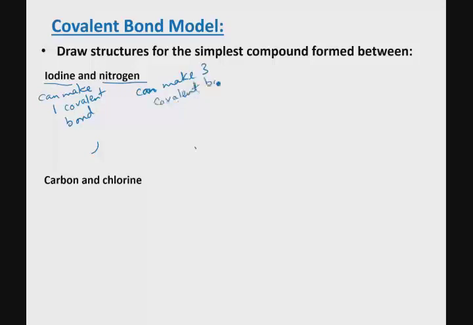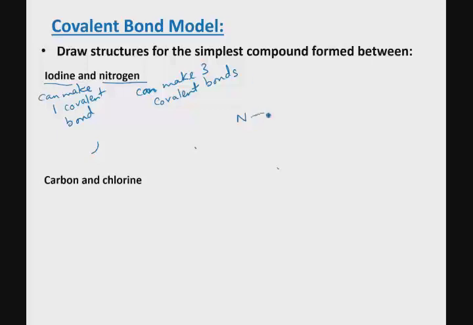So if nitrogen can make more covalent bonds than iodine, then nitrogen should be in the middle. Now, since nitrogen needs to make 3 covalent bonds and iodine needs to make 1 covalent bond, how many iodines would you need so that iodines and nitrogen can all be happy?